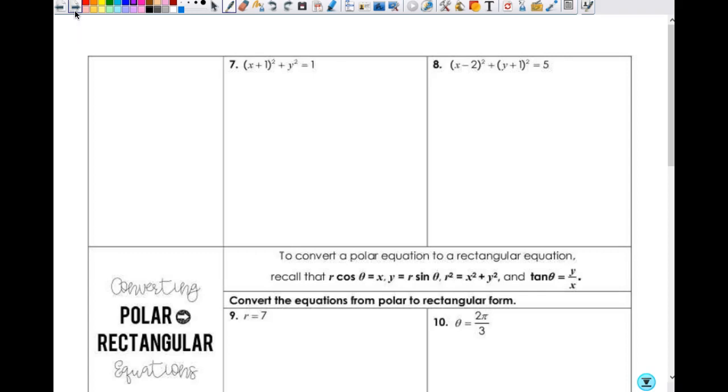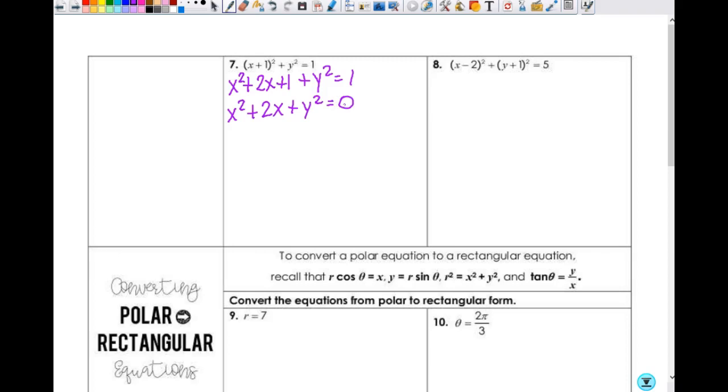makes it better. So when I square this, is this going to give me x squared plus 1? No, it absolutely is not. It gives me x squared plus what? 2x plus 1 plus y squared equals 1, right? So then if I subtract 1 from both sides to clean it up, I'm left with x squared plus 2x plus y squared equals 0.